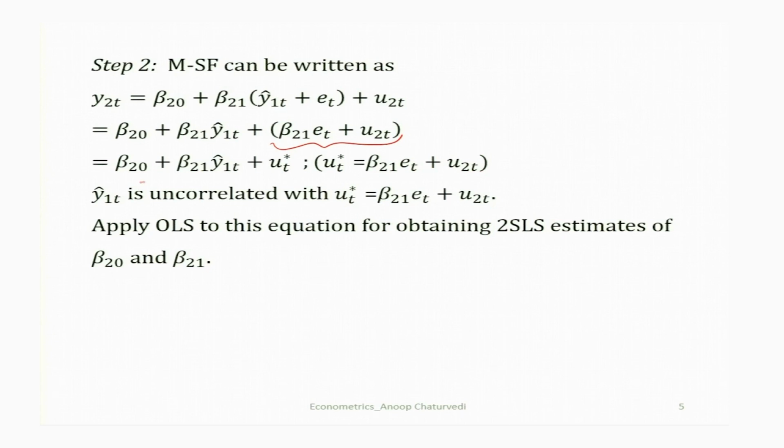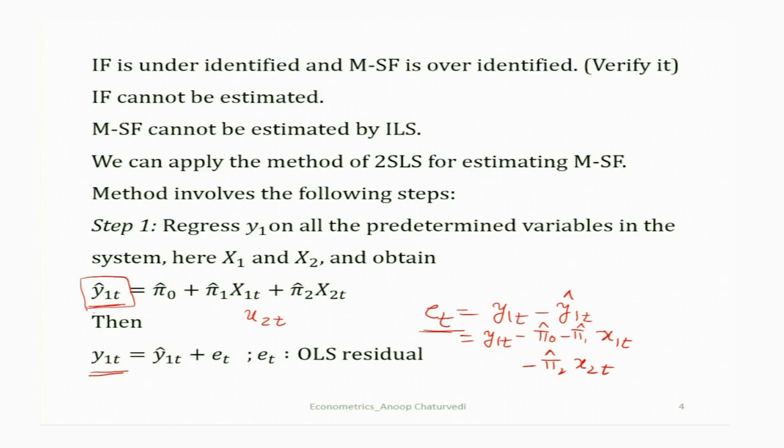Now, you can apply OLS to this equation, and then you get the two stage least square estimators for beta 2 0 and beta 2 1. So, again we look at the steps for the two stage least square procedure.